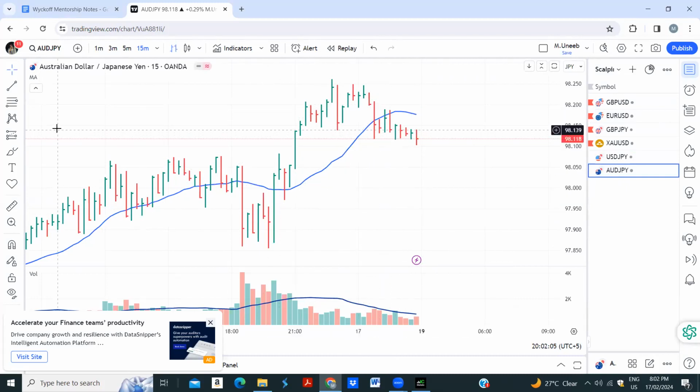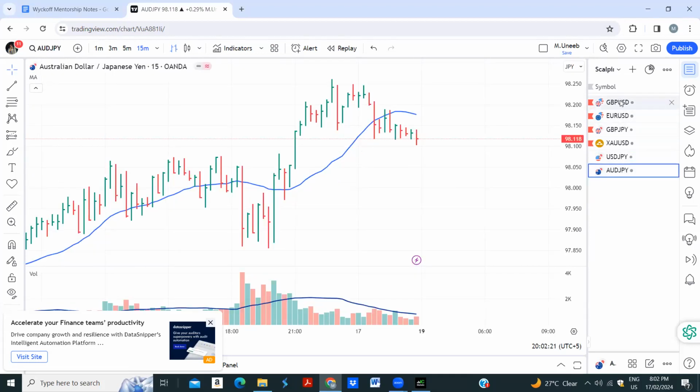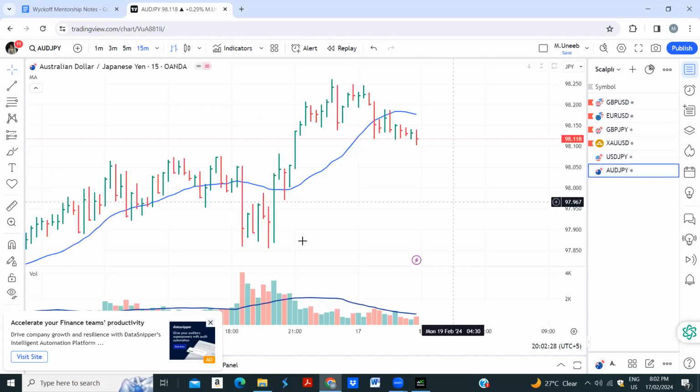There is a coincidental movement here, but conceptually, there is no correlation that exists between GBP USD and AUD JPY. Now you can see that USD JPY is going down, AUD JPY is going up. There is a negative correlation here.